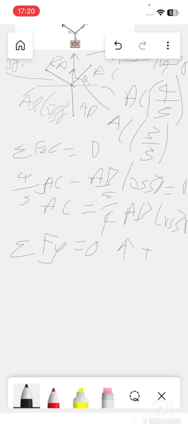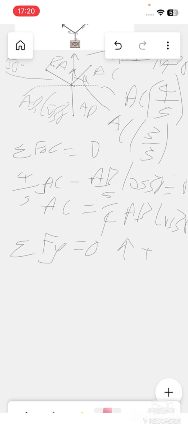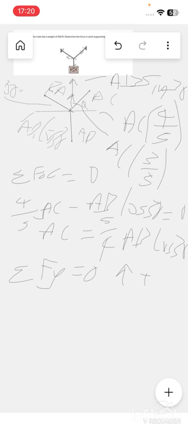Therefore, let's look at our forces. We have two forces. The first upward force is AB sine 30. The second one is AC 3 over 5. Right? Okay.